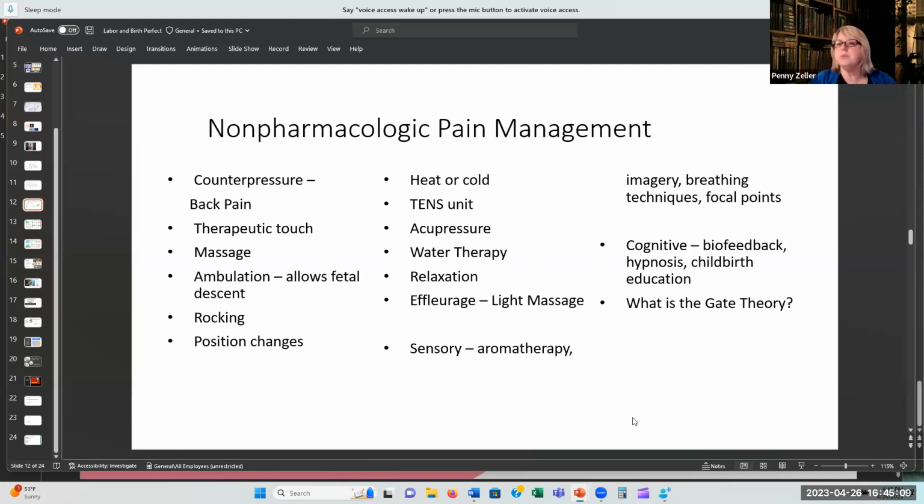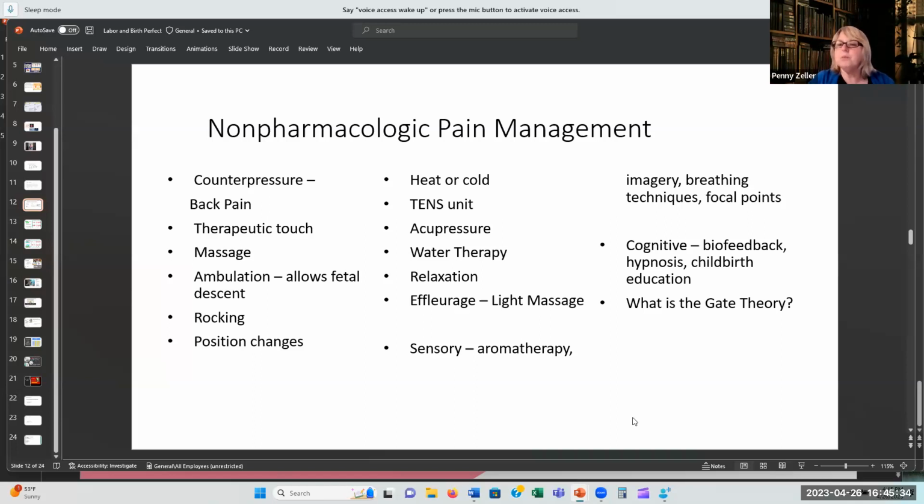Understanding gate theory is important because massage, acupuncture, counter pressure are all based on the gate theory. The gate theory, you know, sensory nerves travel from the body to the brain, right? So sensory nerves tell you when you hurt. Okay, they tell you, ouch, it hurts.